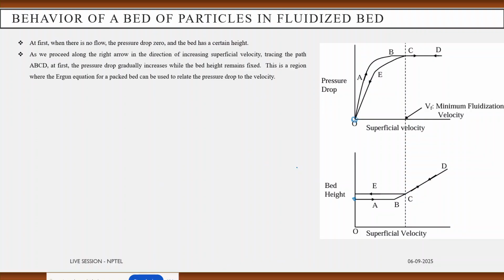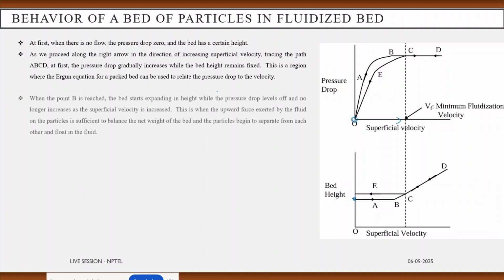As we proceed along the right arrow in the direction of increasing superficial velocity, tracing the path ABCD, the pressure gradually increases and then becomes constant, while the bed height is almost fixed up to that point. This is the region where the Ergun equation for a packed bed can be used to relate the pressure drop to the velocity.